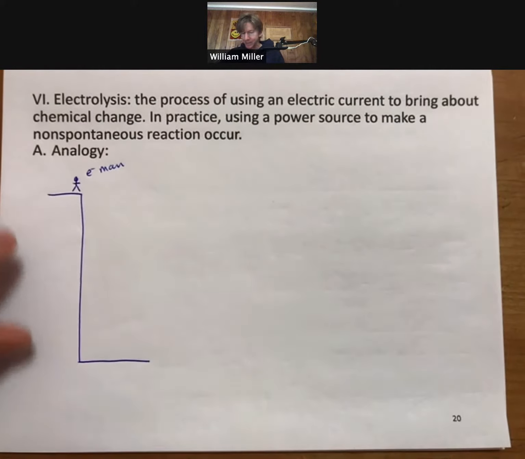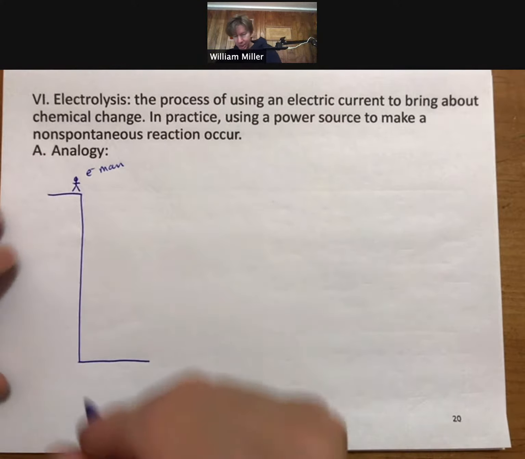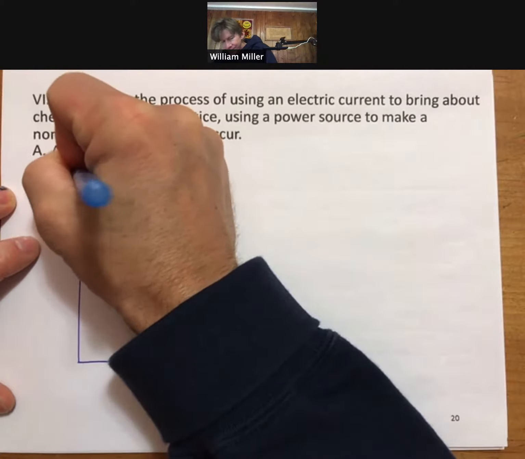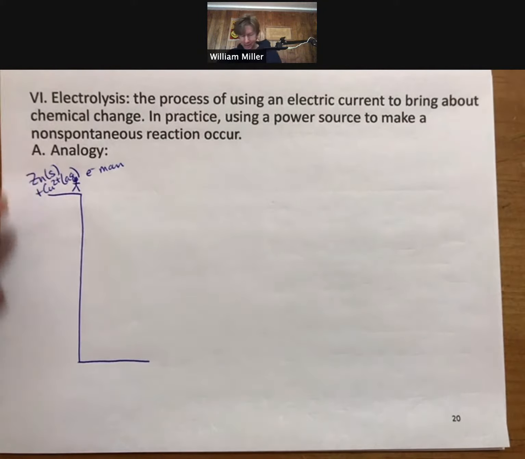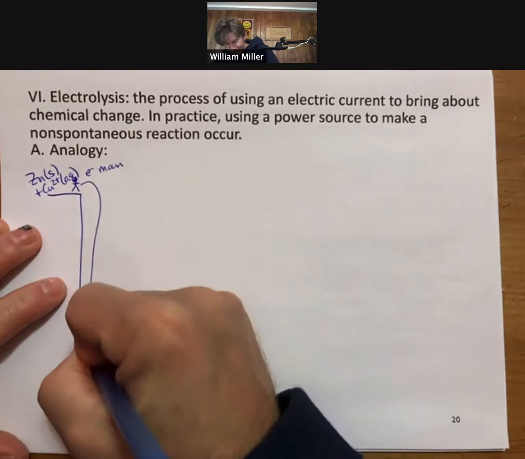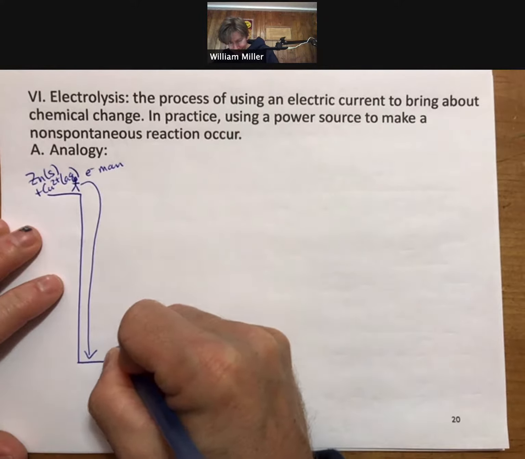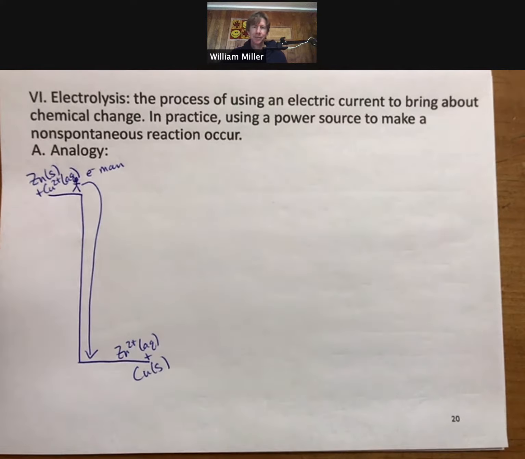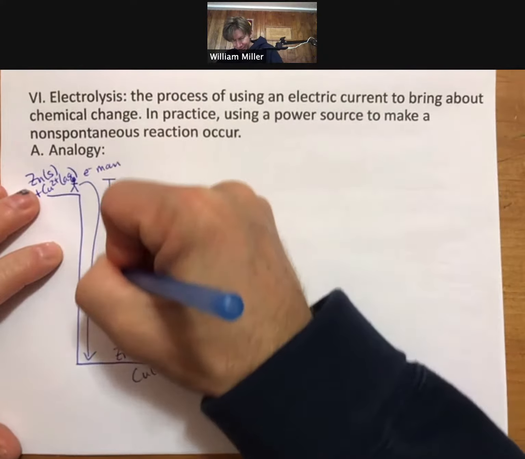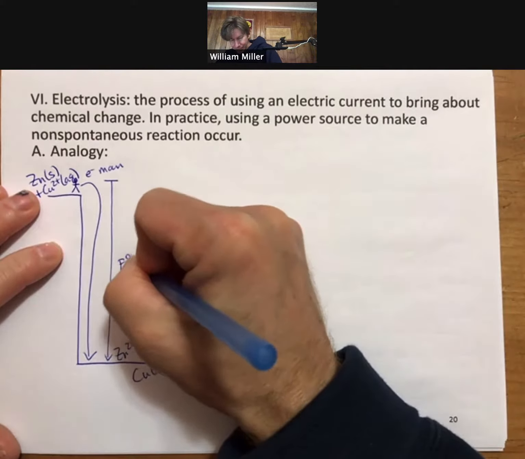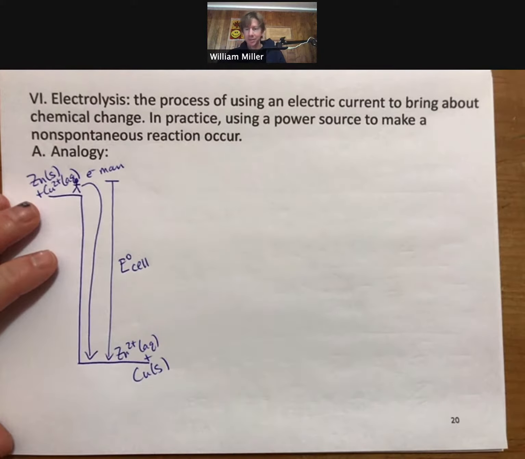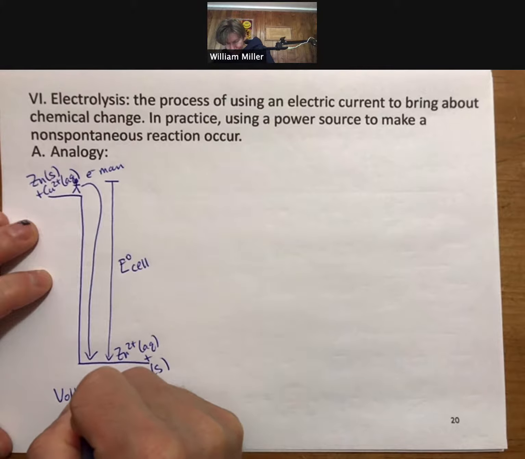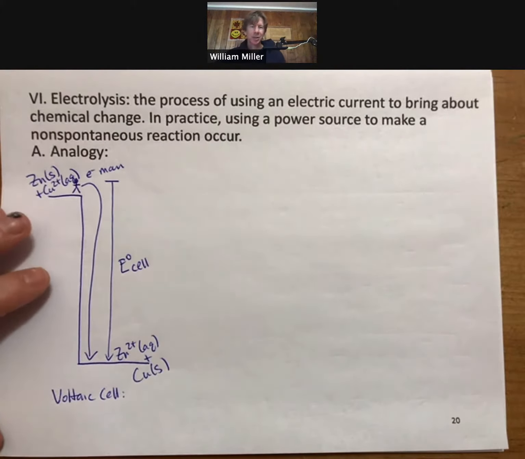As the electron jumped off from, say, zinc and copper being the reactants, and jumped all the way down here to zinc ions plus copper solid, the difference here was what's called the cell potential. We use that under standard conditions. And we realized that this, as a voltaic cell, was a spontaneous reaction.